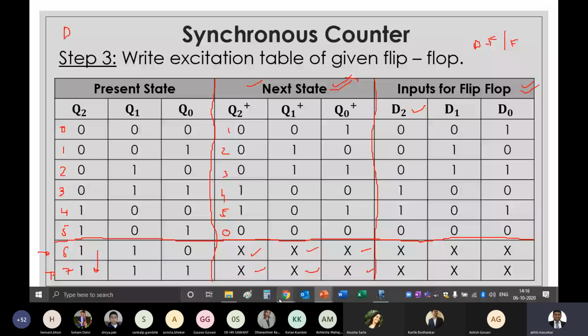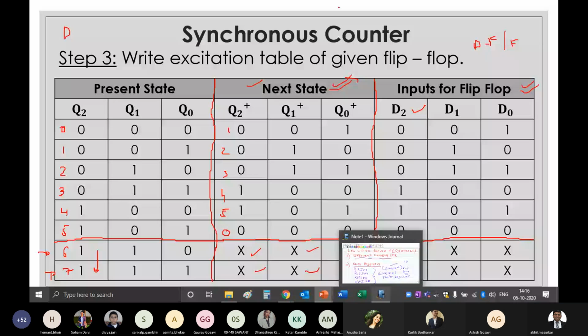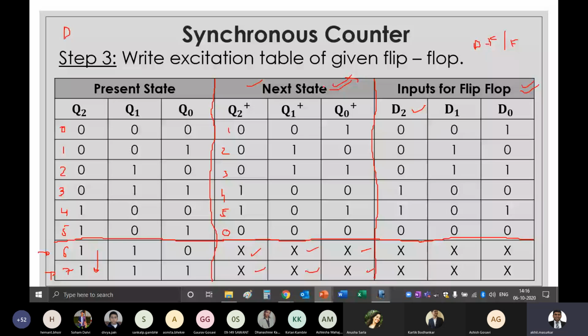Yes, so can we go ahead? Again, please note, is there any doubt in the defining of states? Please unmute and ask.